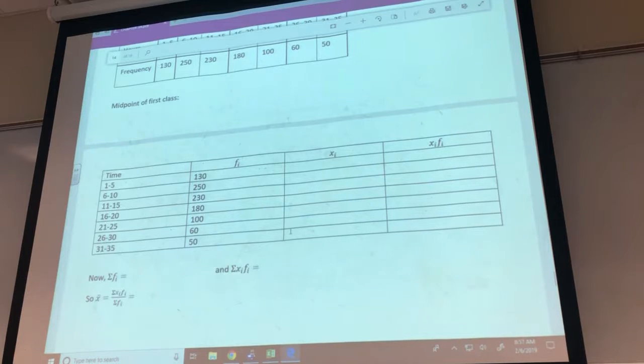All right, so midpoints, right here. It's going to be the lower class limit plus the next class's lower class limit, and we're going to divide it by 2 when we do those things.